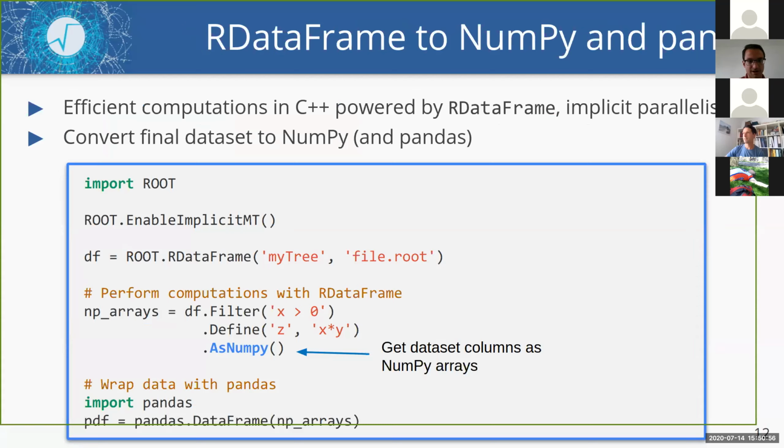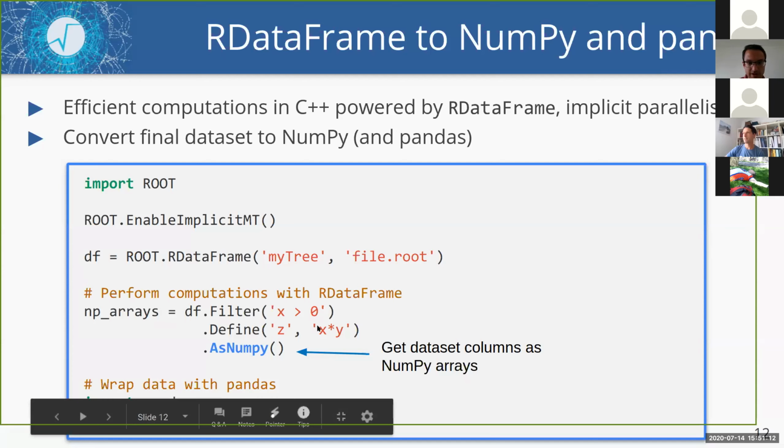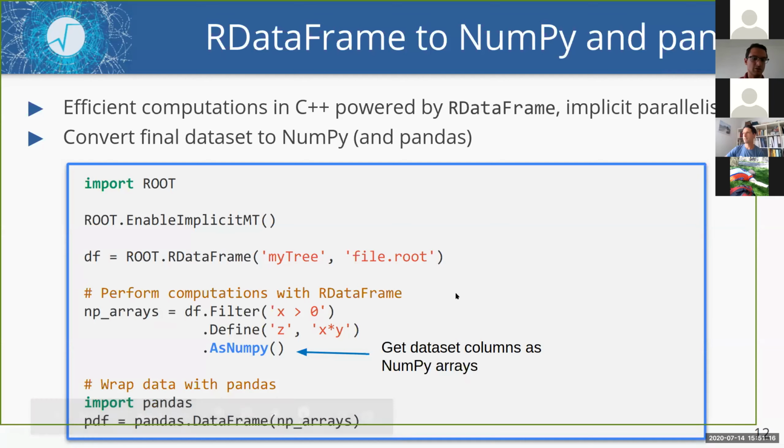With this RDataFrame, you can load the data set and process it with operations like transformations, filtering columns, defining new columns, and it all happens in C++, because if you look here, these strings are C++ expressions, right? So even if you use the Python interface, under the hood, what is happening is that C++ is running.